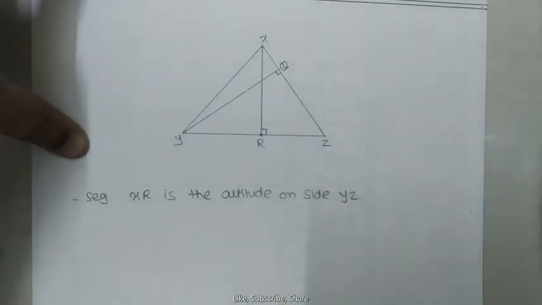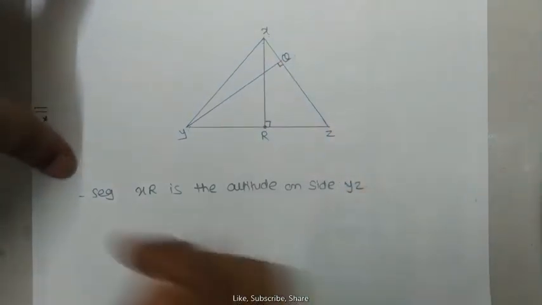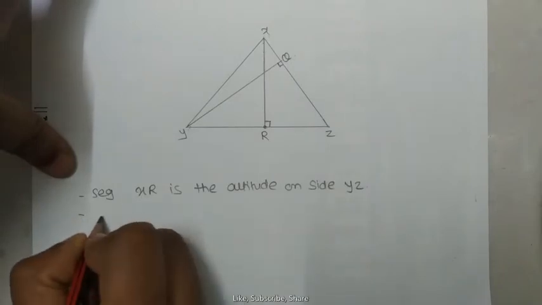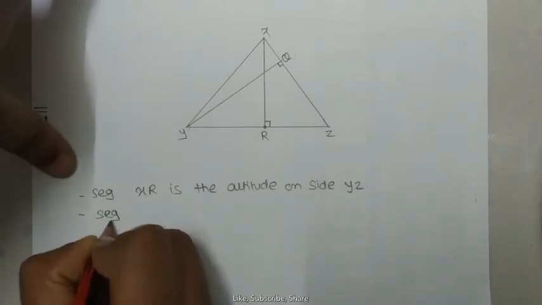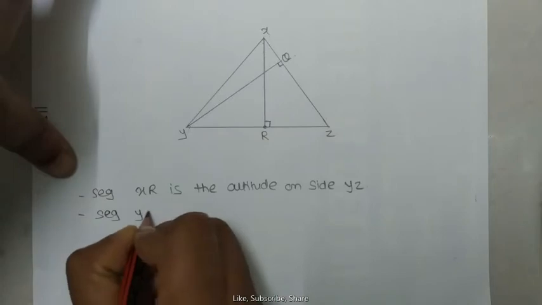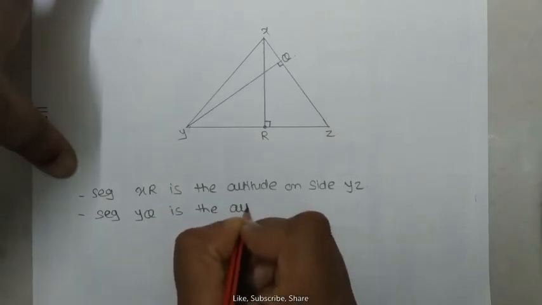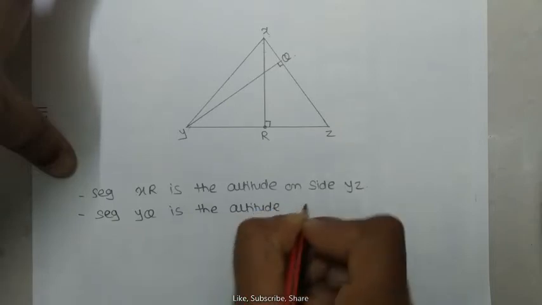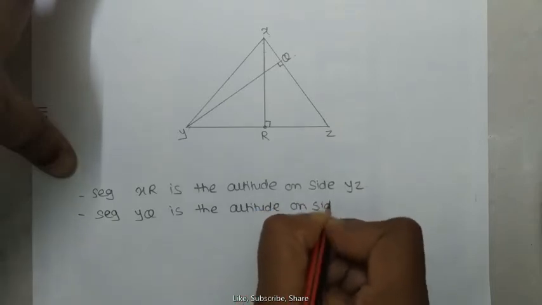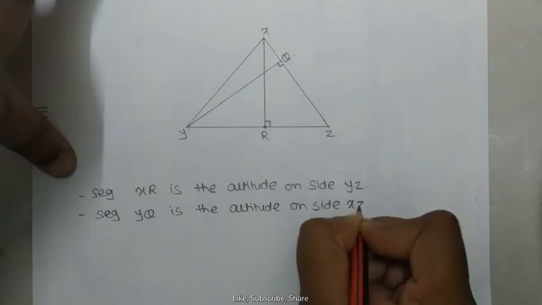Clear? So therefore we can say that segment YQ is the altitude on side XZ.